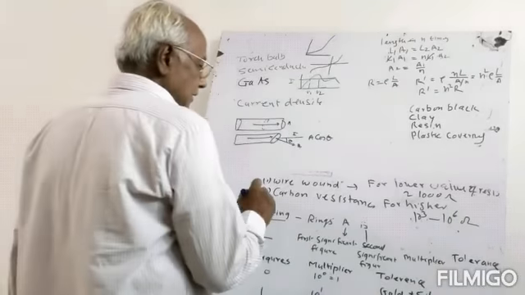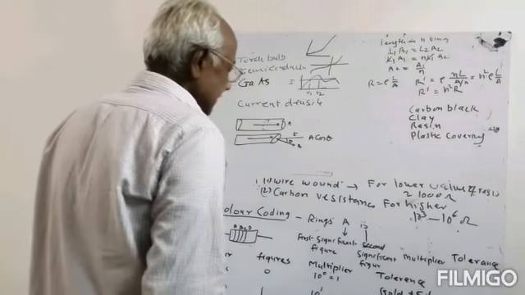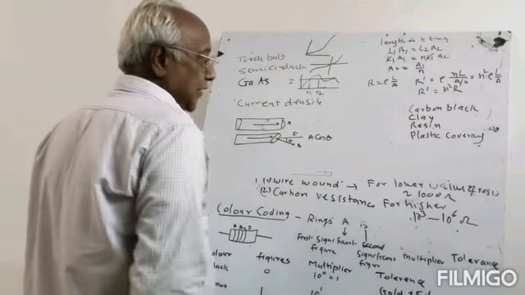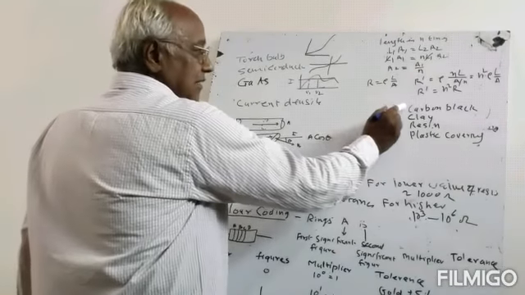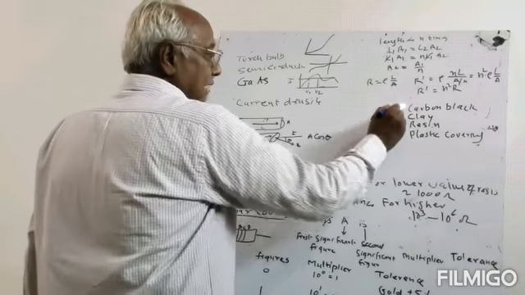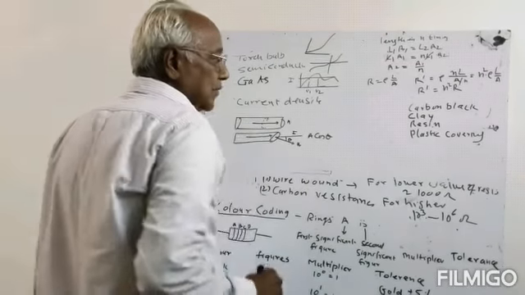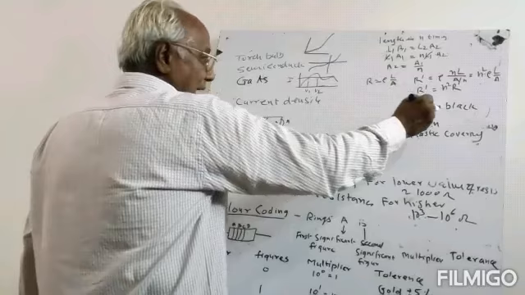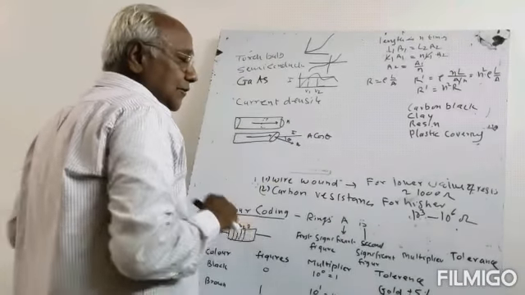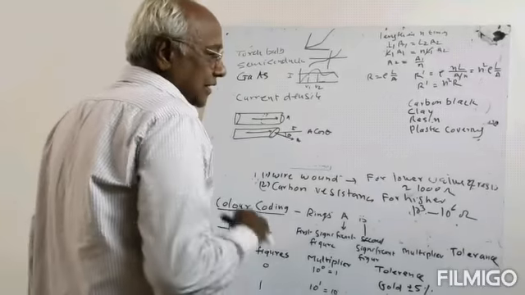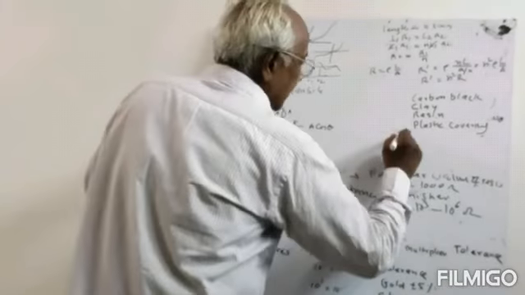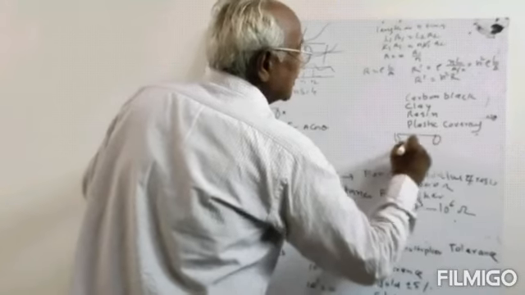Whereas the second type of resistance is carbon resistance. Now carbon resistances are prepared from carbon black; clay is added and resin is added so that a paste is formed of carbon black, clay and resin, and it is made in a cylindrical shape.